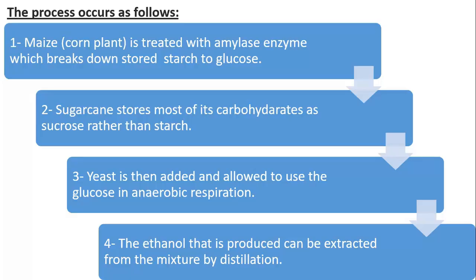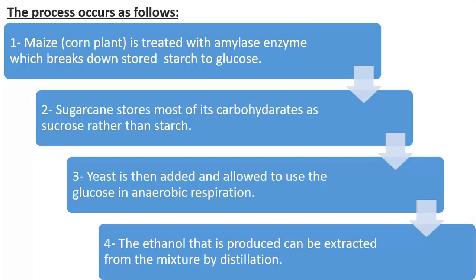Then I will put my glucose and add yeast. Yeast will then do its anaerobic respiration, and it will produce ethanol and carbon dioxide. I'm not concerned about carbon dioxide now, but I need the ethanol. So I need to extract the ethanol from this mixture. What does this mixture have?